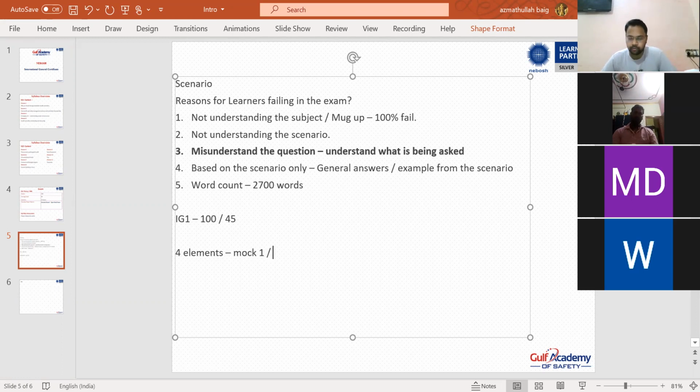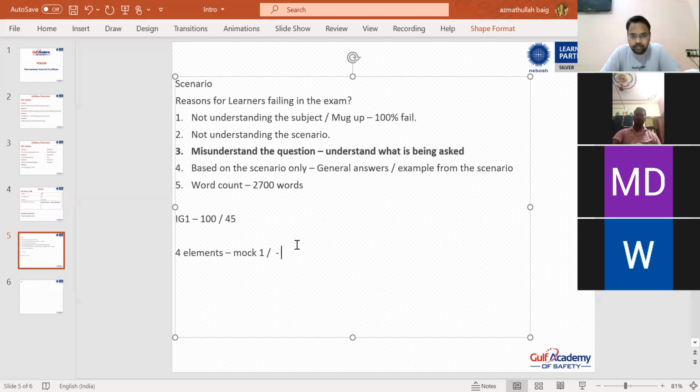I'll share one mock 1 paper where you have to write your answers, and 24 hours time will be given, and it should be your own attempt. This is a mock exam, right? If you copy in this exam, there is no use. I want you people to give your 100% by not taking anybody's help.